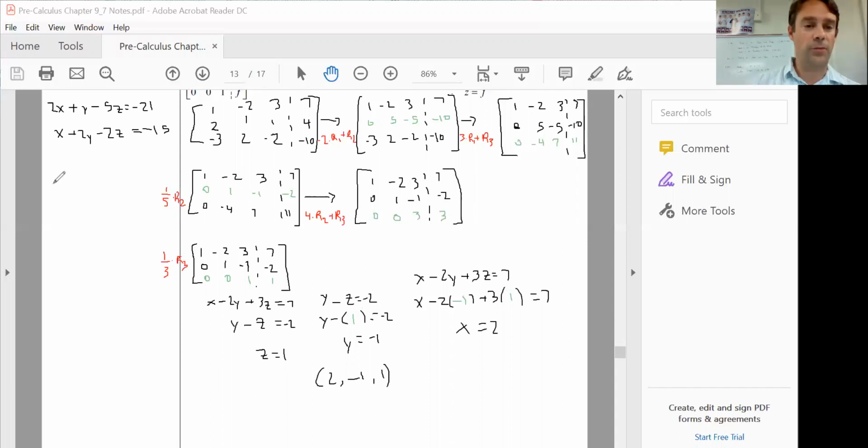And our last equation is going to be x minus 4y plus z equals 18. All righty, friends. So let's see how you guys deal with this one.